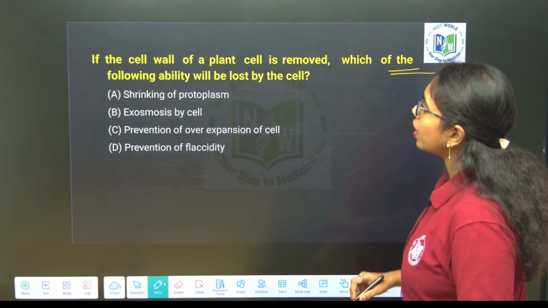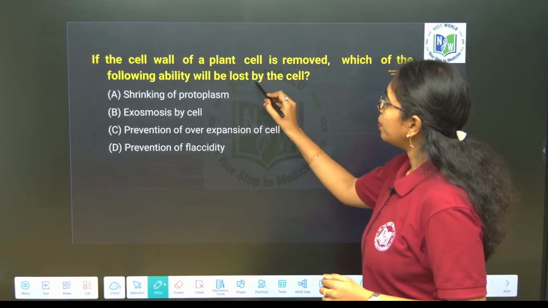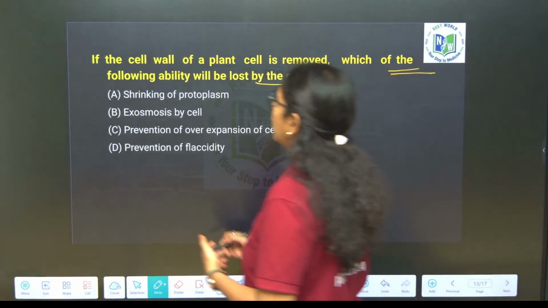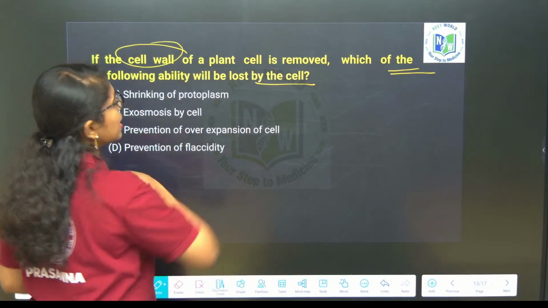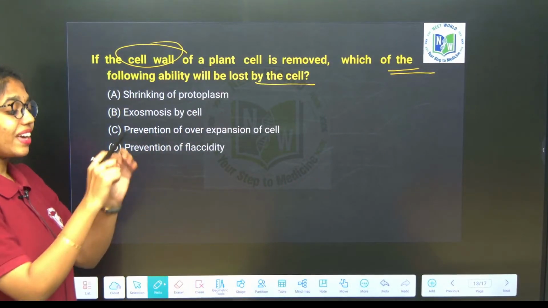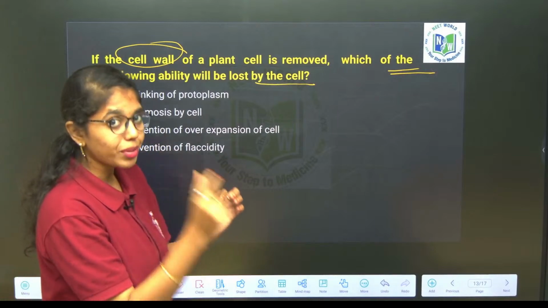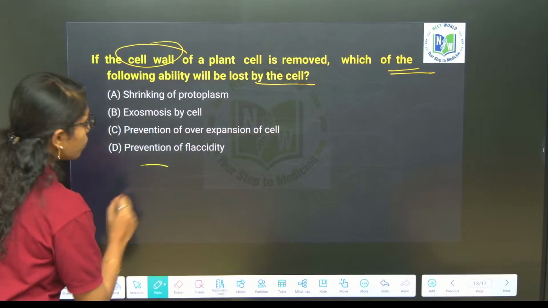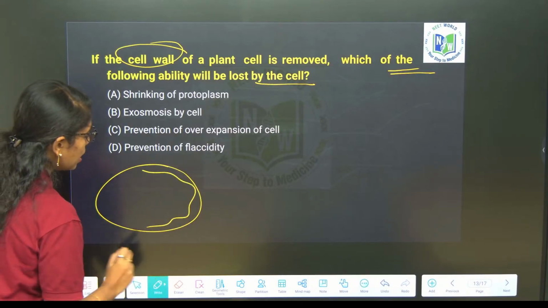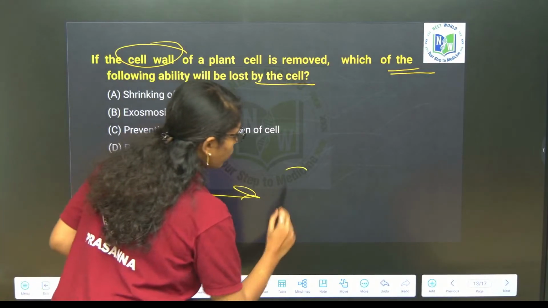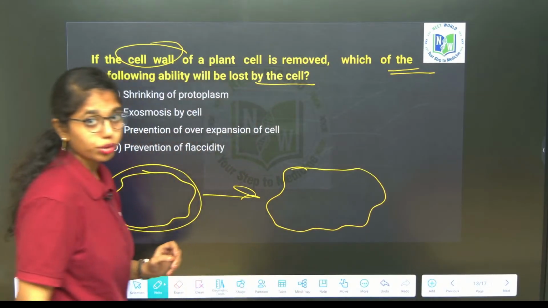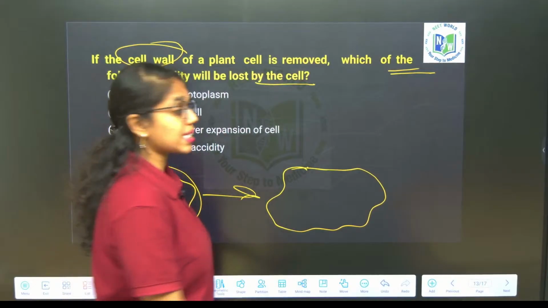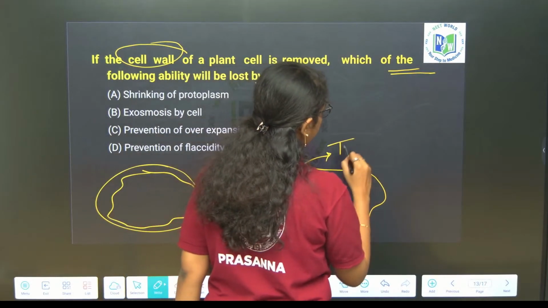Which of the following ability will be lost by the cell? What ability is lost by the cell if the cell wall of the plant cell is removed? Understood the question? If we have lysed the cell wall from the plant cell, what changes can you see? When the cell wall is lysed and only the cell membrane is exposed to the environment, definitely this cell membrane will be subjected to turgor pressure.